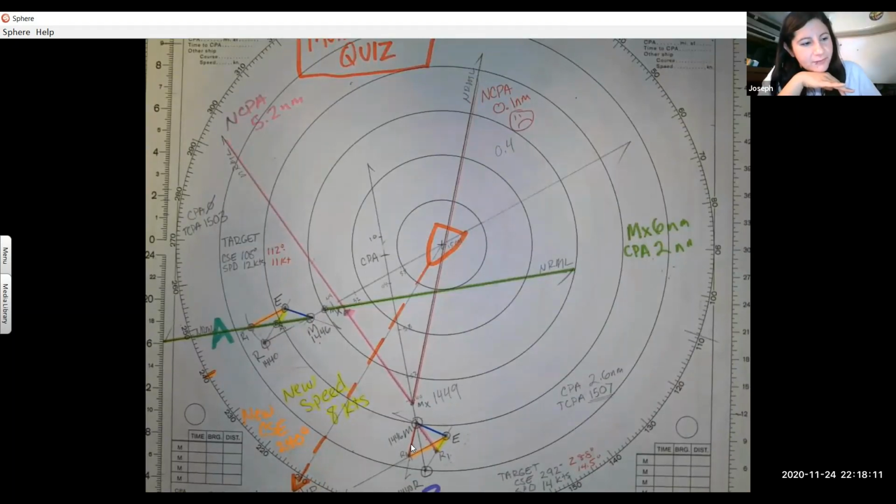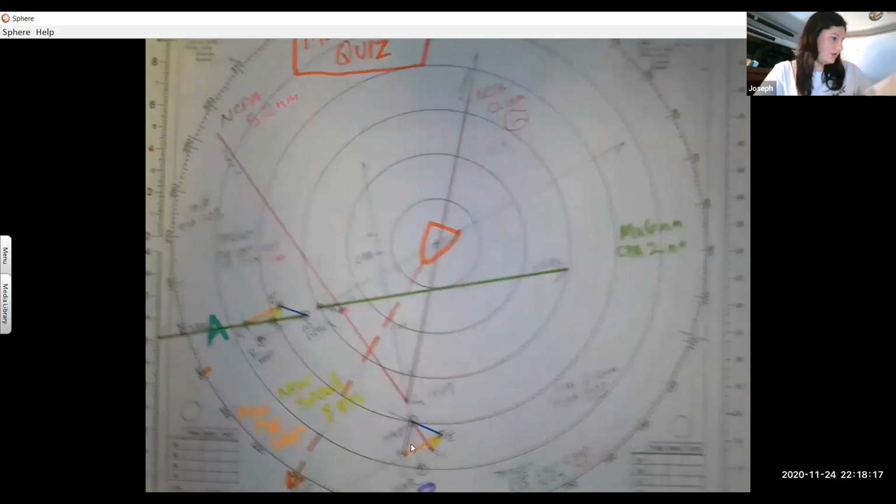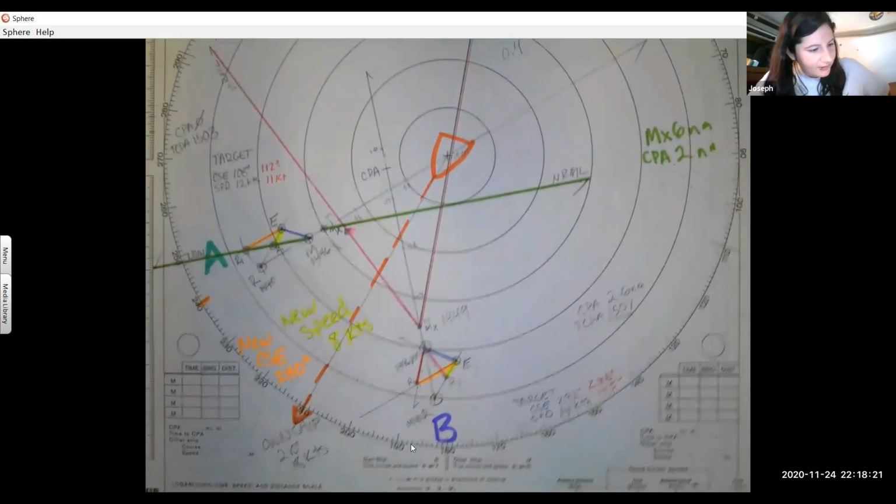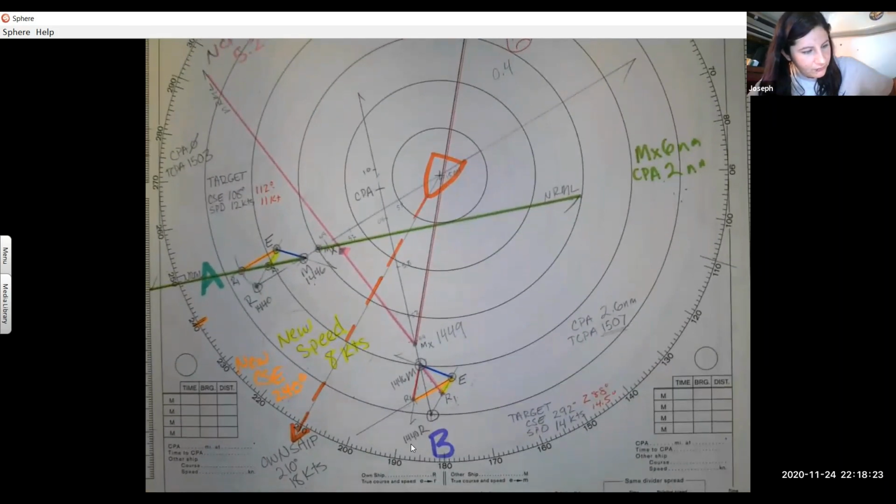Now that new speed, you can get it by, what is it? What I was doing is getting the E to RML. I was measuring that. That would be the new speed, right?